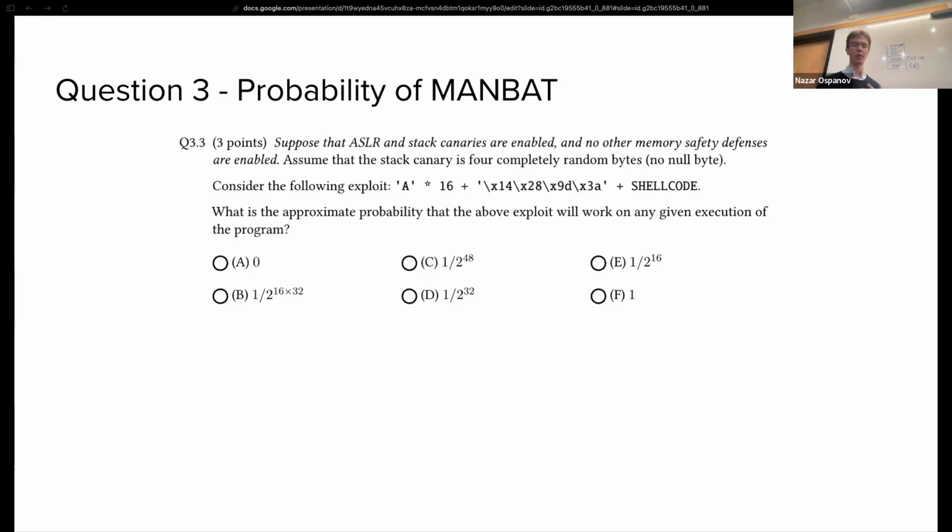Therefore, the overall probability is 1 over 2 to the 32 times 1 over 2 to the 16, which is 1 over 2 to the 48.